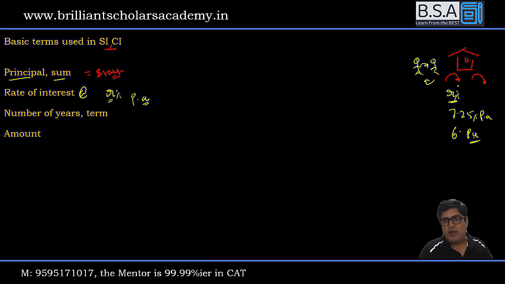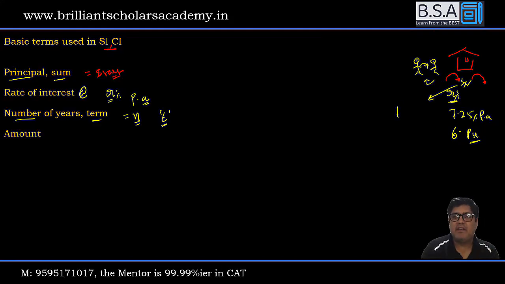Now let us say you deposit your money for 3 years. So the number of years or term is N. Stop using the variable T, it confuses people. Use the variable N to represent the number of years or number of terms. Sometimes when I use the word term, like FDs, some FDs renew every 6 months. So the term becomes 6 months.